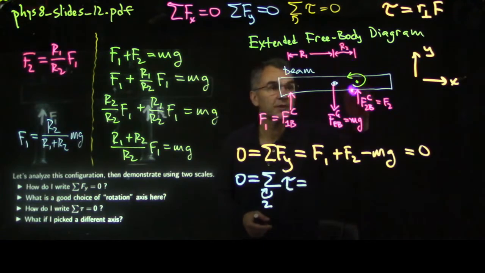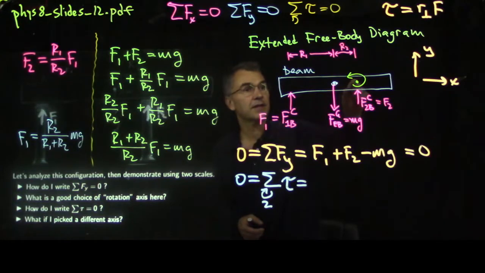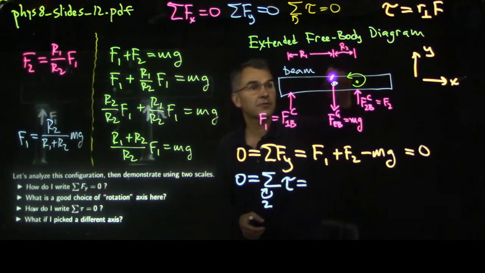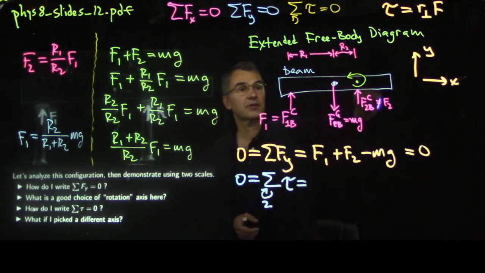So let's pivot about a point through which the line of action for F2 passes. So I've drawn my pivot here, just to the right of the center of mass by a distance R2. Now notice that the weight of the beam, the gravitational force, is a counterclockwise torque, so that's positive. And notice that F1 is clockwise, so that's negative.